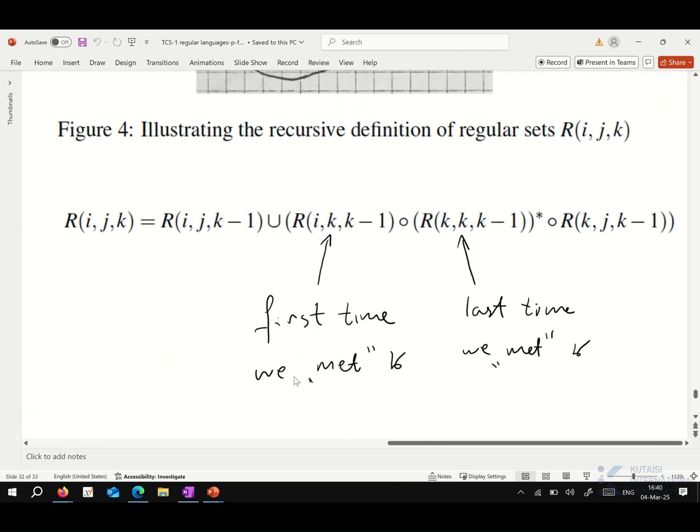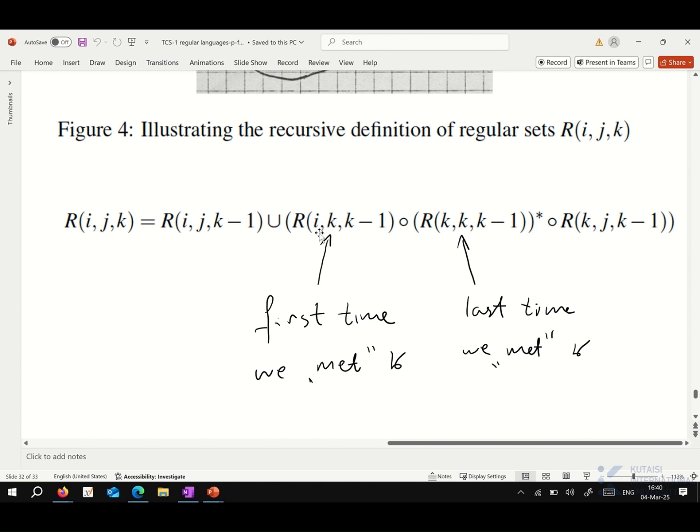So it says, first time we met k. So you're going like this and you hit k first, right? Then you also continue going like this, and maybe you hit k again. What happened? You got this.